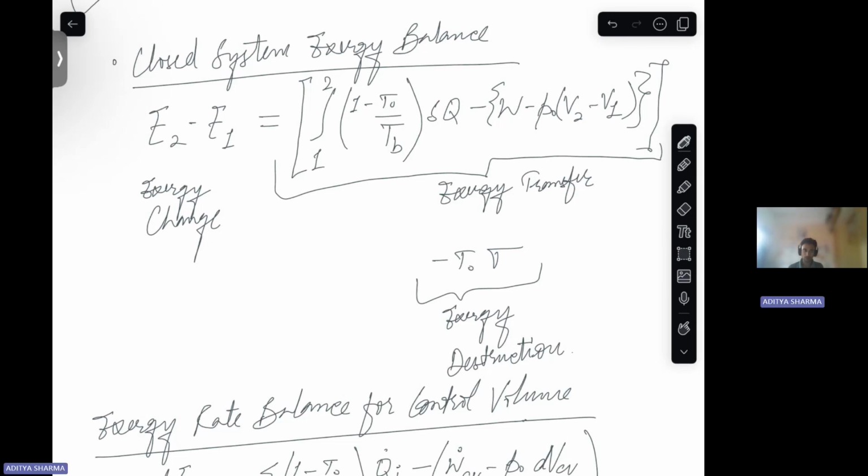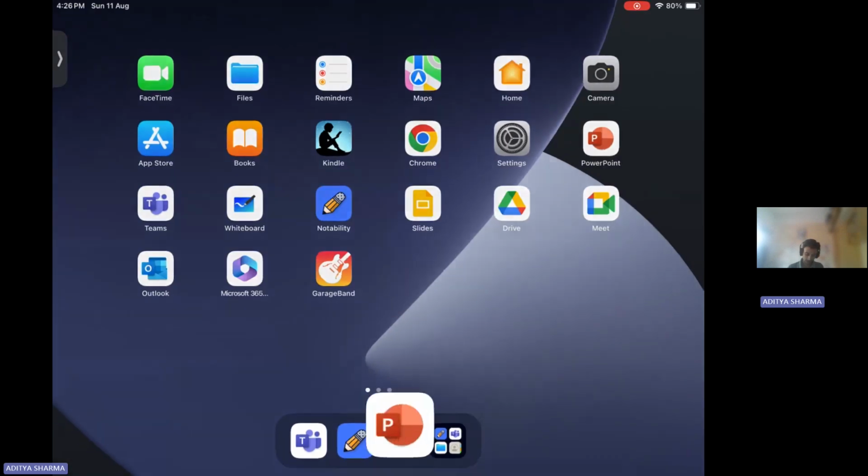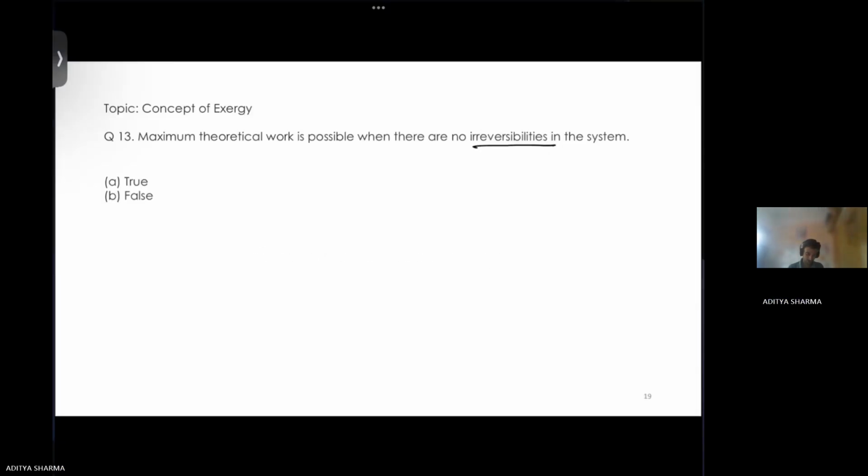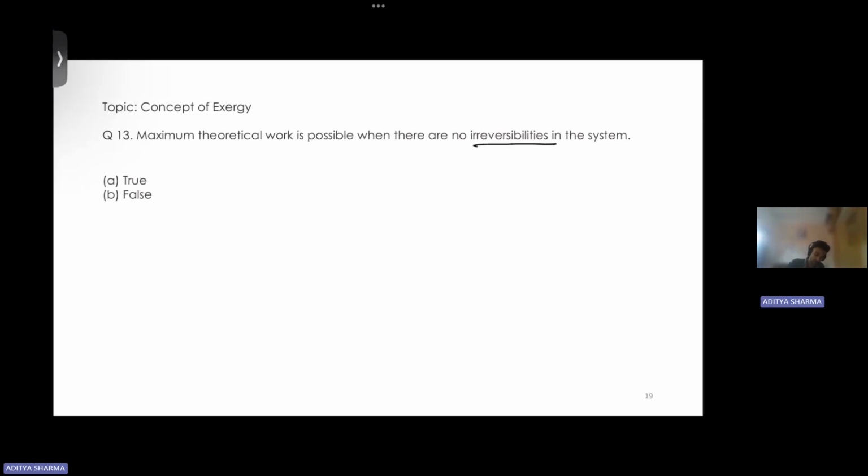So when there will be no irreversibility, then this destruction term will be absent from our exergy expression. And in that case, it will be possible to have maximum theoretical work in the system.